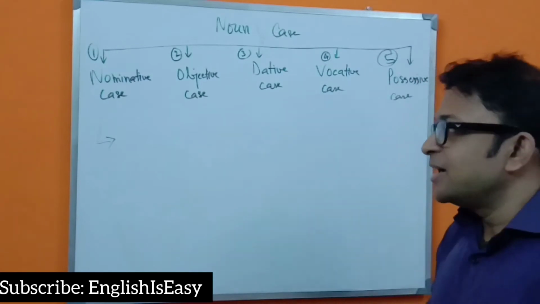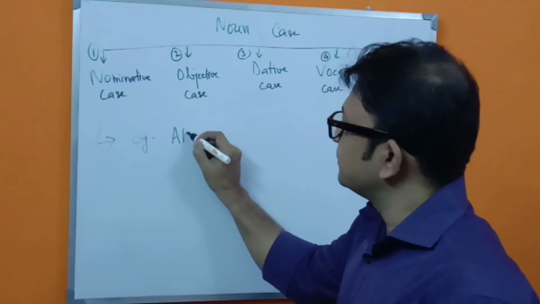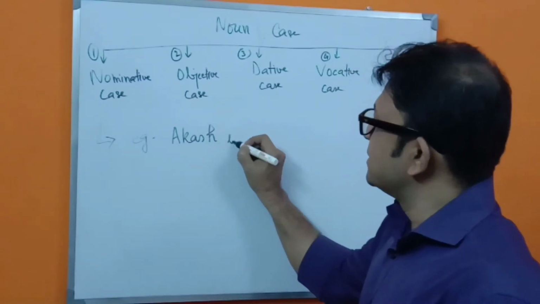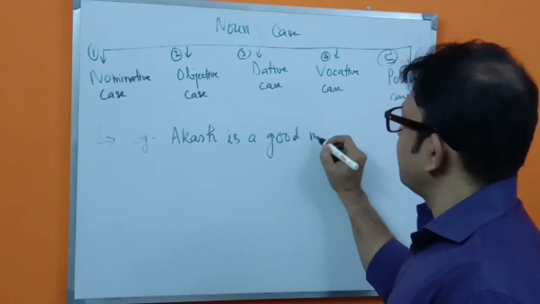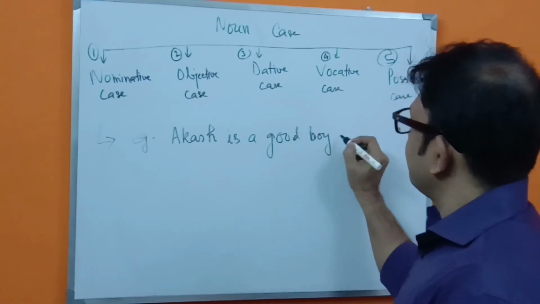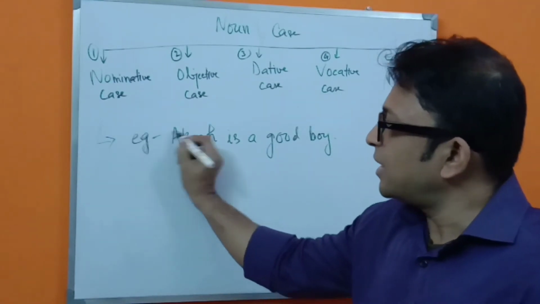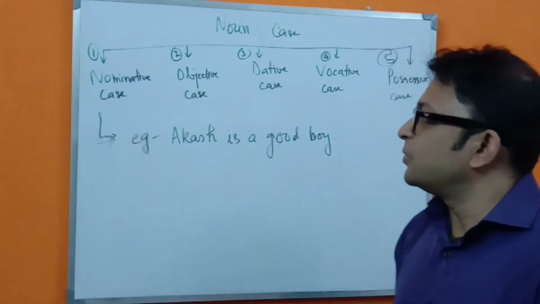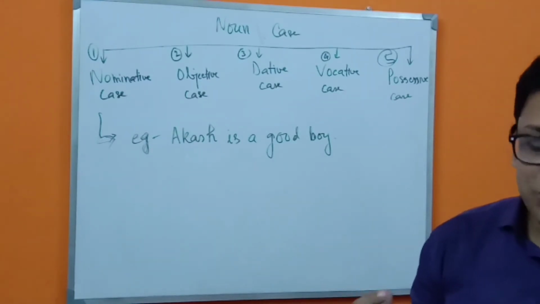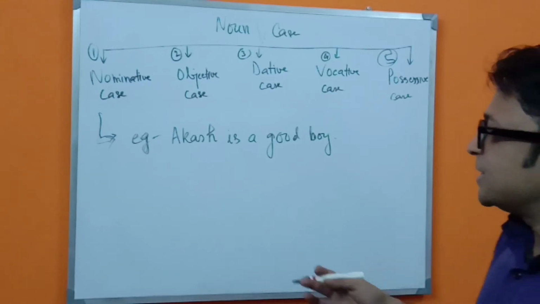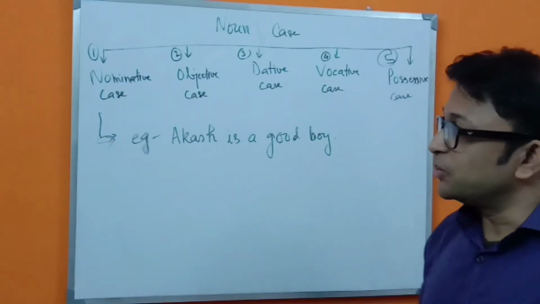Suppose I say, for example, Akash is a good boy. So here, how will you understand the nominative case? If you question the sentence by using who or which, then you will get an answer. That shows the nominative case.